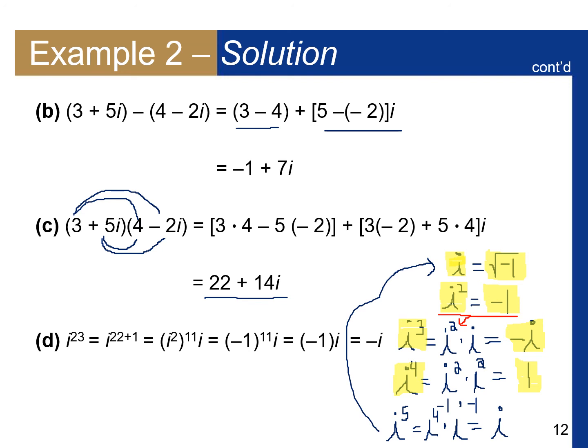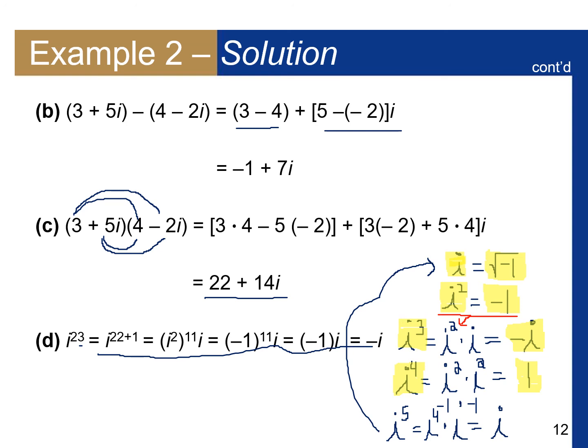So now the question is, if I have 23 i's, what I really want to know is what remainder would I have if I divided that by 4, because there's a pattern of 4 here. So I'm not even sure that I really like what they did right here, because they're just using it as the -1, but you can do it this way, and if you understand this, this is fine.